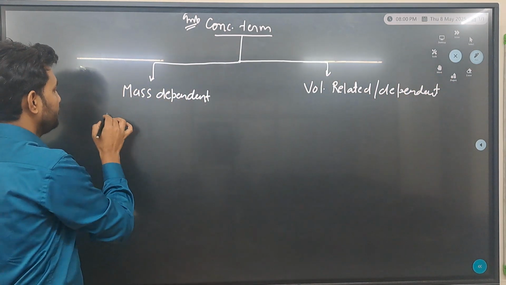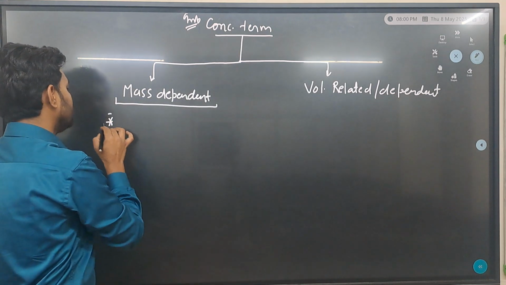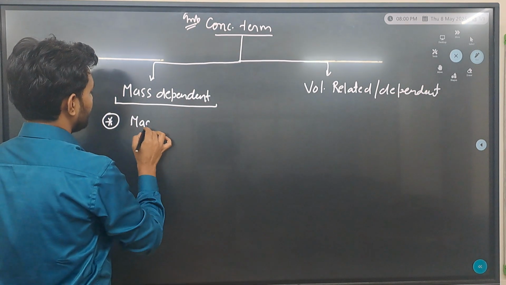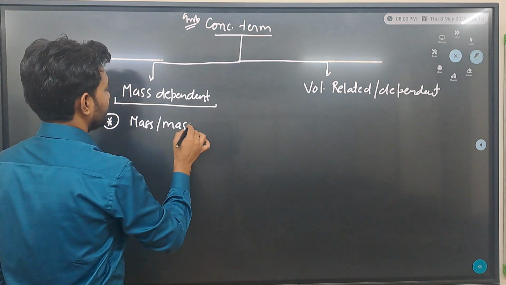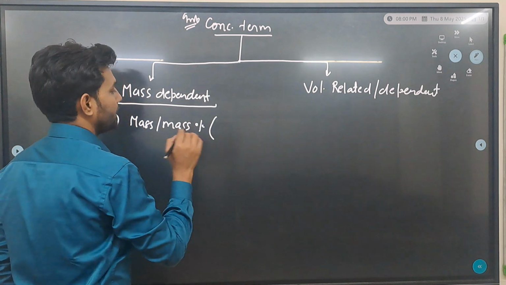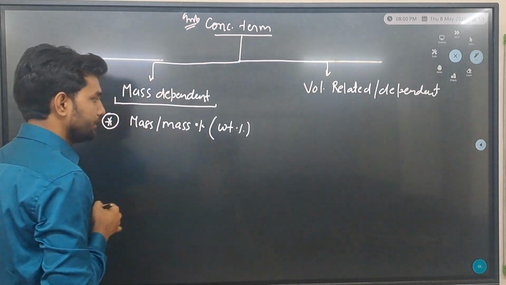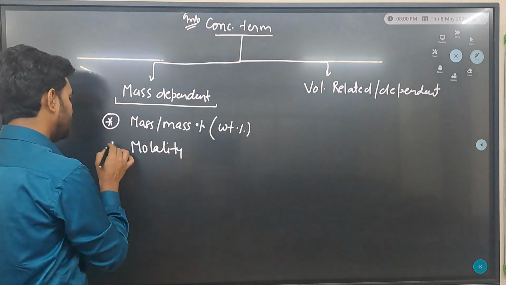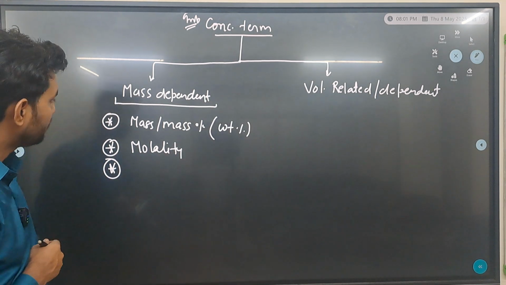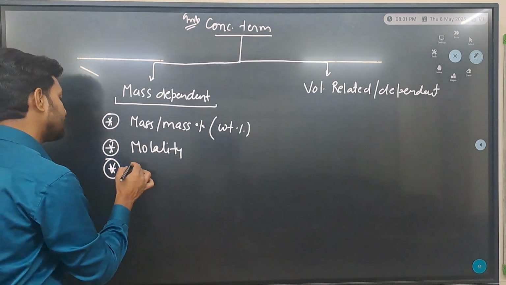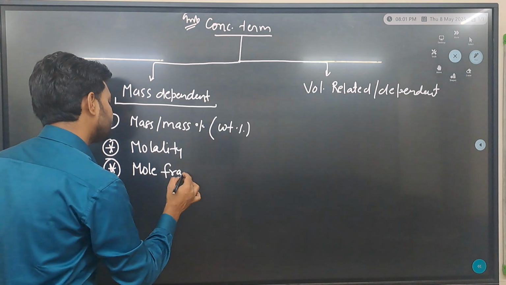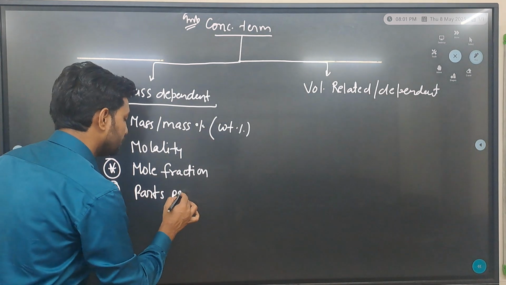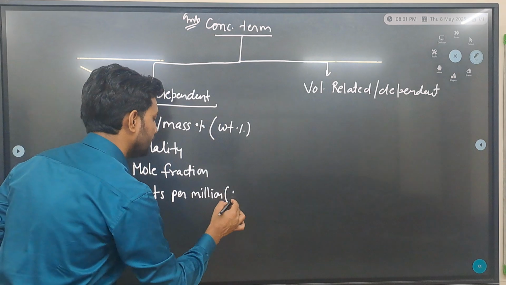Mass related concentration terms are generally mass by mass percentage, or weight percentage; next is molality, which is also mass dependent; next is mole fraction; and parts per million, which means ppm.